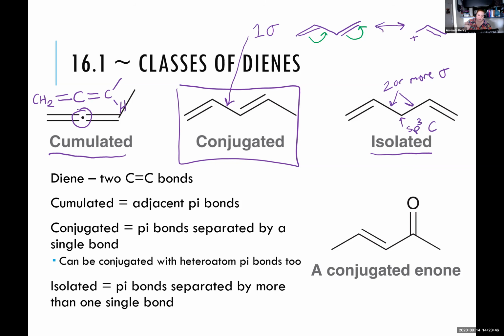We wouldn't just want to put a double bond, because it doesn't quite look like there's anything there, or it looks like you drew just a really long double bond. So it's just to make it very clear that there's two separate double bonds with a carbon in the middle.